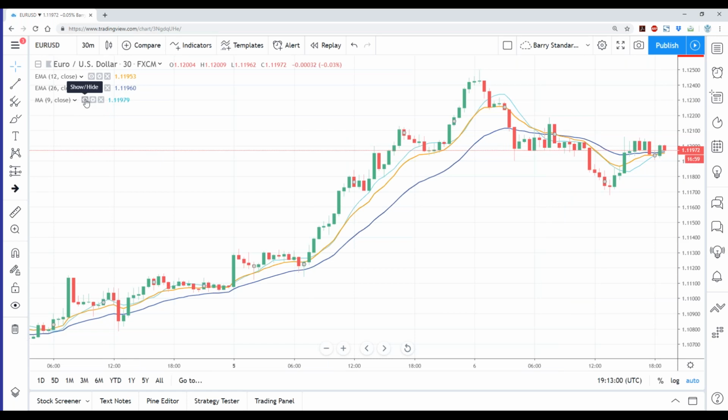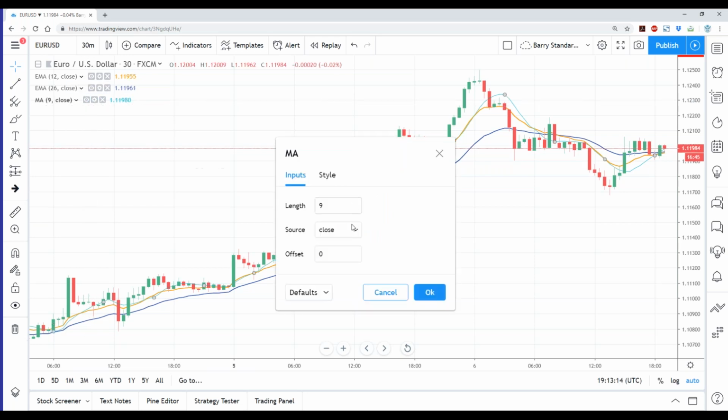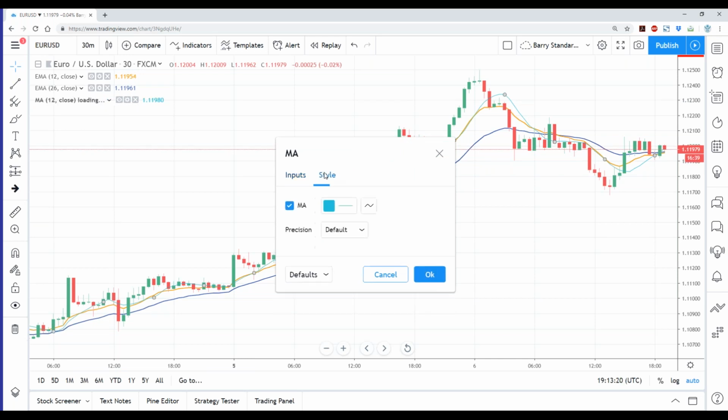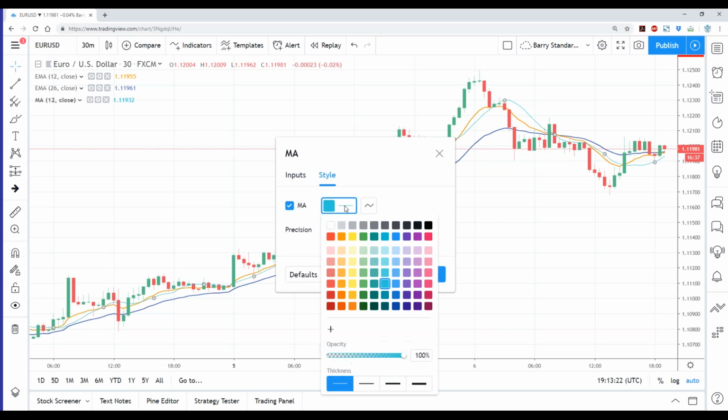Now, if you don't understand why you would use what periods and time frames for moving averages, you need to come to our class on understanding moving averages. But today, for our example, we're going to be using just two 12-period moving averages. Let's make this a thick line.